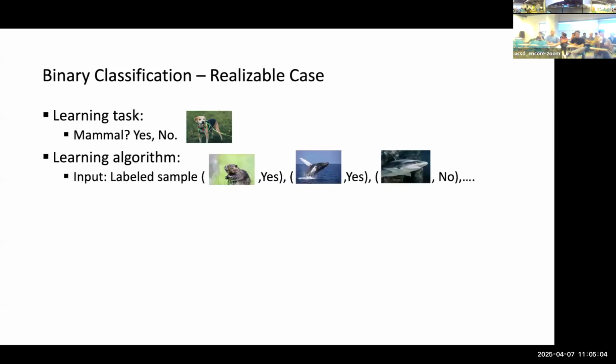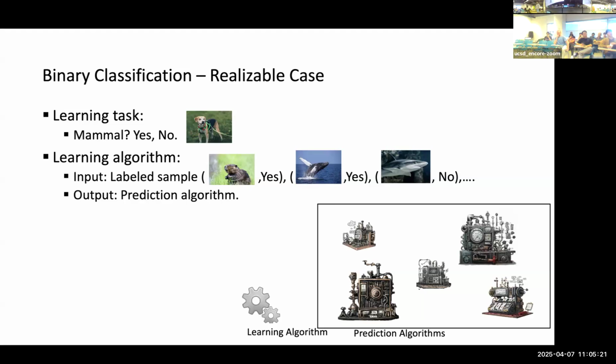The learning algorithm receives as input labeled samples, in this case images with the correct label annotated onto the image, whether it's a mammal or not. And the learning algorithm's task is to output a prediction algorithm. So it has to output another algorithm. The learning algorithm sees the training data as input, and then chooses, based on this training data, some prediction algorithm to output, perhaps among a predefined set of possible output prediction algorithms.